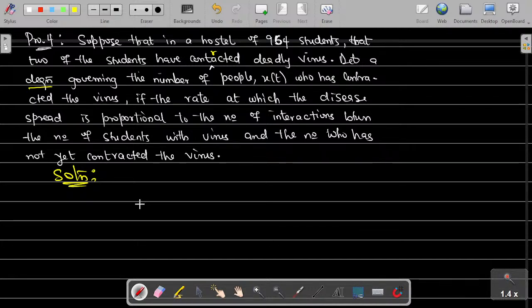So here, what do you do? Of course, since there are 2 groups of students, you start by stating that you have already been given x to represent those that have contracted the virus already.